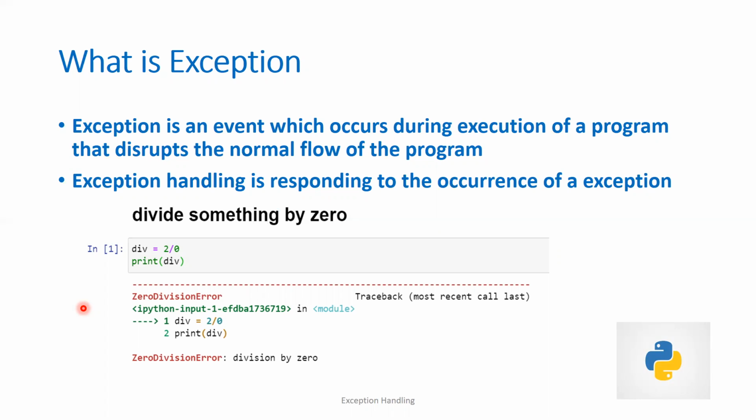Actually, a program can halt, or a program can give us an error, for different reasons. Sometimes they occur because of a syntax error or a logical error. So an exception is more than that. An exception is not a syntax error.